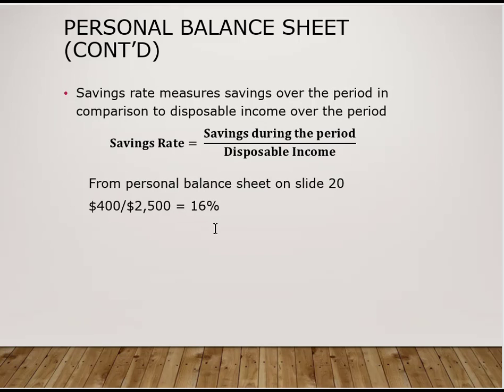A savings rate gives us an idea of how much money we're actually putting away. Now, we could break this down into some smaller parts. I'll talk about that in a second. But this is just your savings during the period divided by disposable income. Again, in this case, $400 divided. We're saving roughly 16% of our income. That's actually a pretty high number.